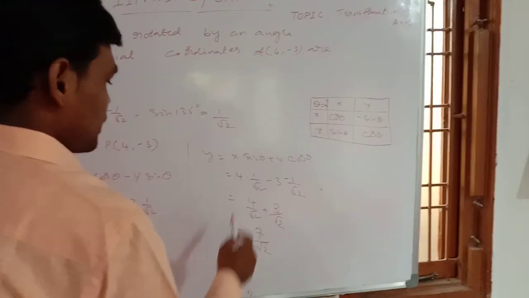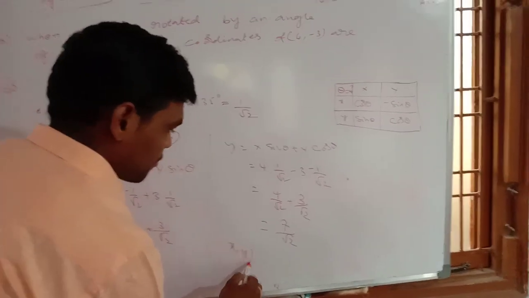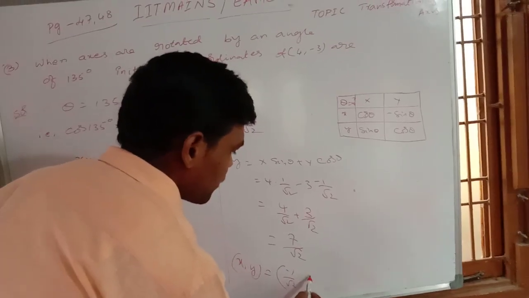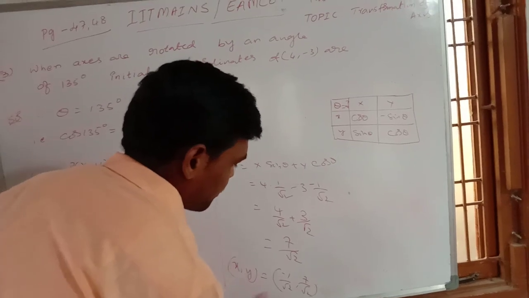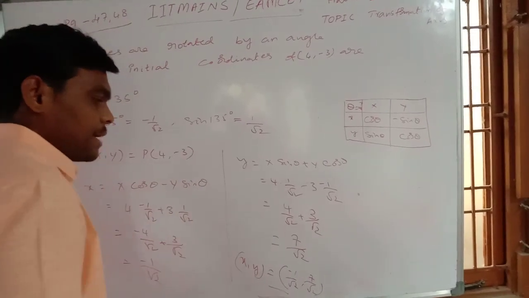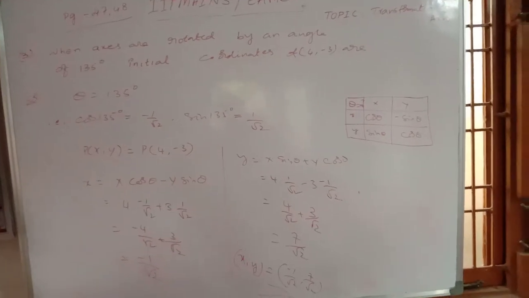Now the initial coordinates are small x comma small y, the x coordinate is minus 1 by root 2 and the y coordinate is 7 by root 2. This answer is minus 1 by root 2 comma 7 by root 2.